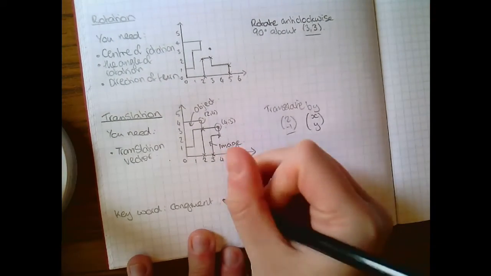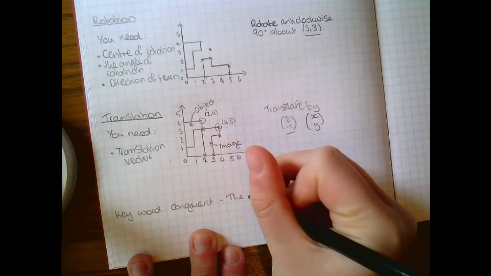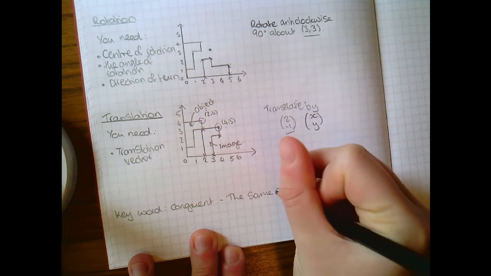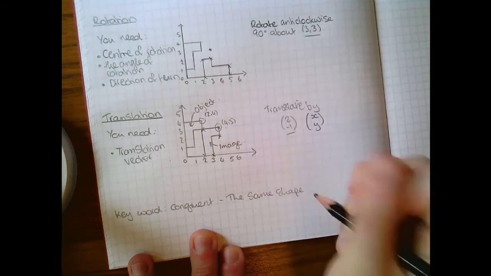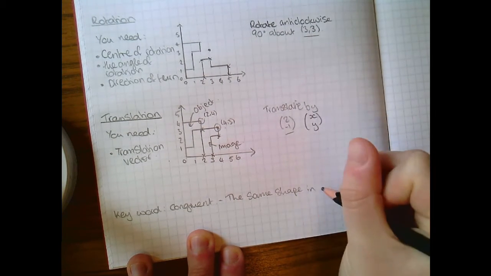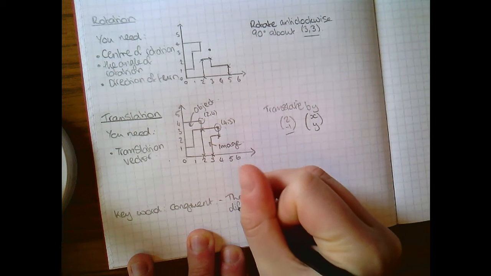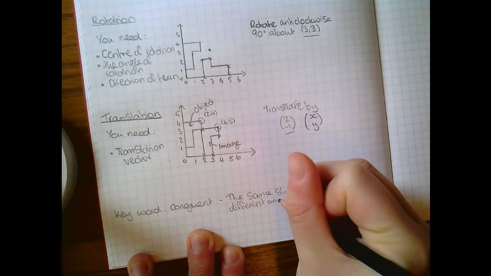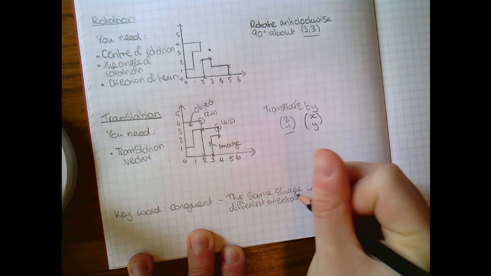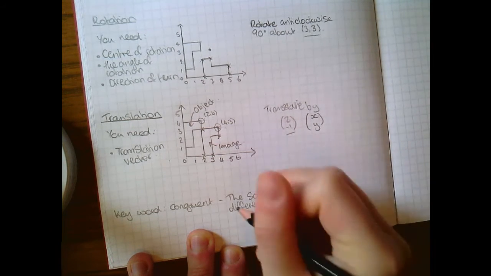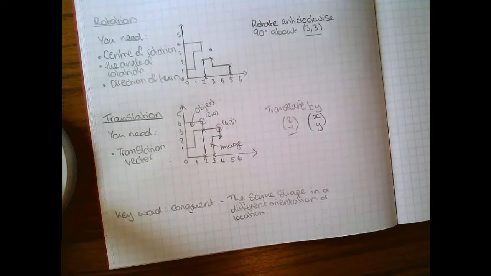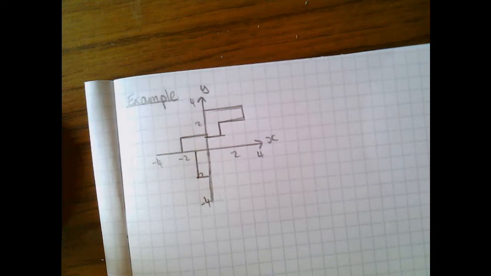These are exactly the same shape in a different orientation or location. That's all congruent means.